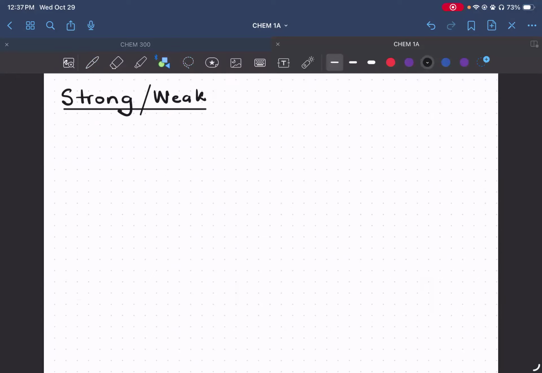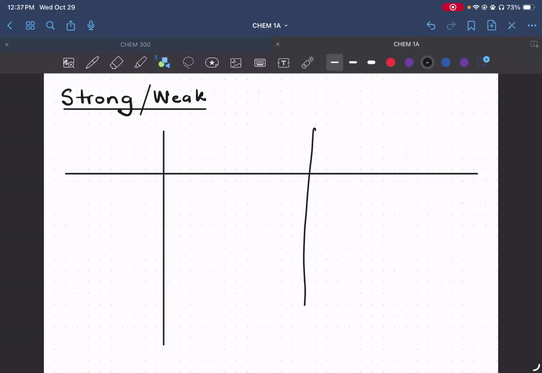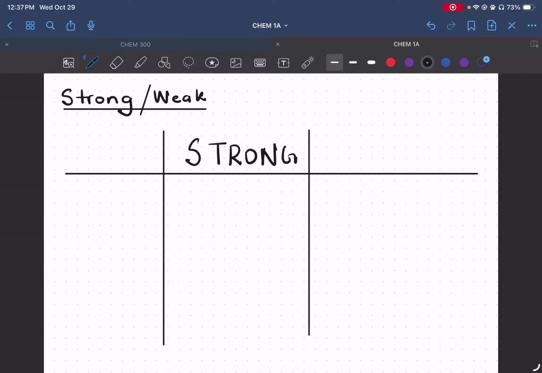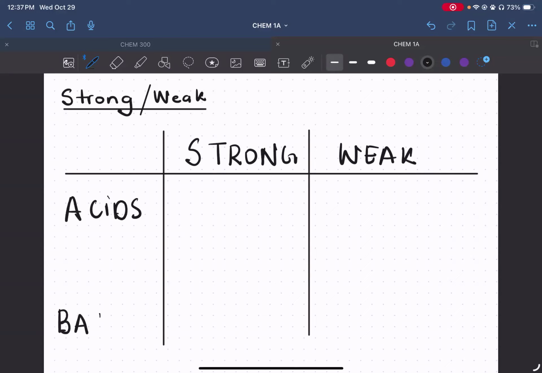We're going to draw another table. We're going to be looking at examples of both strong and weak examples of acids and bases.